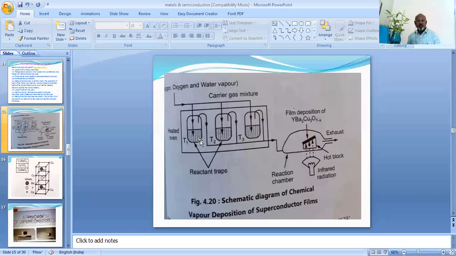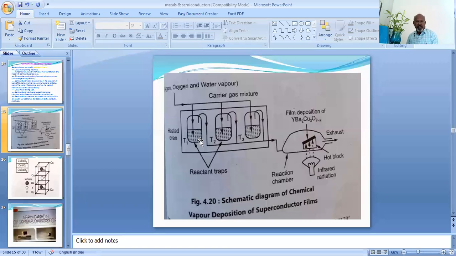That is, we are preparing YBa2Cu3O7-x. This is also referred to as a ceramic 123 superconductor because of the proportion of the components yttrium, barium and copper, 1 to 2 to 3.